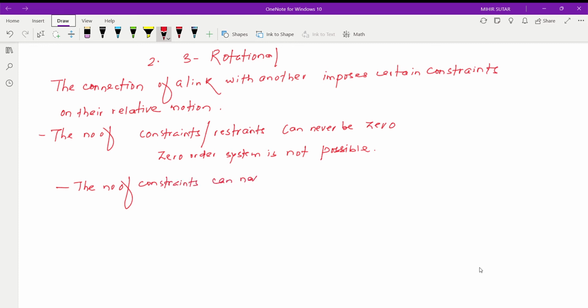If it becomes 6, then it will act as a solid body, when all the joints become solid.